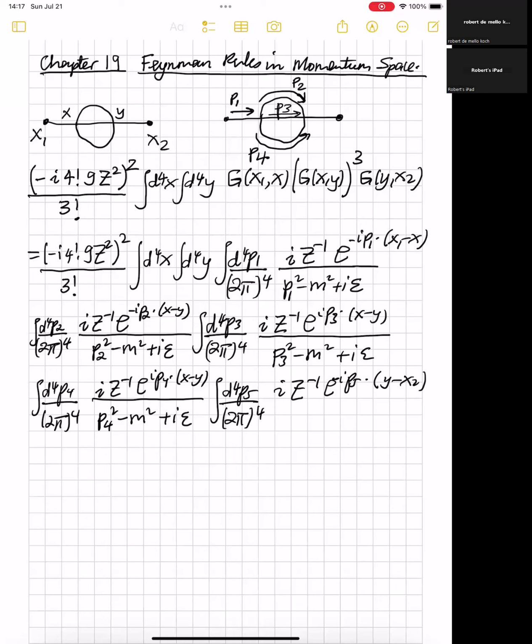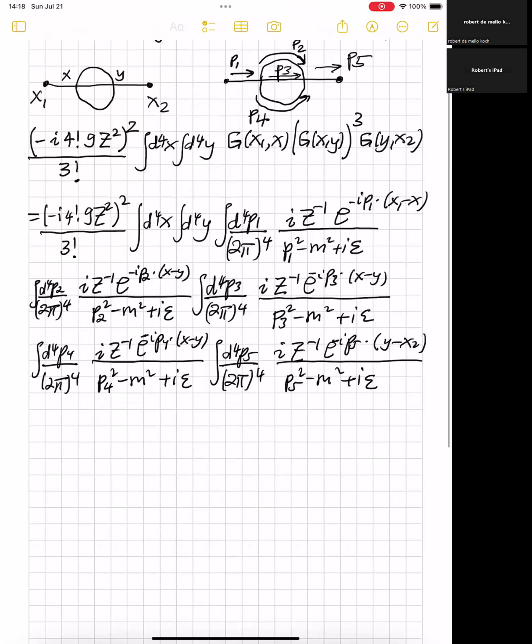There should be minus i P3. There should be minus i P4. And then this is over P5 squared minus m squared plus i epsilon. And we'll put a P5 sitting there. So I haven't really done anything. I've just plugged in the expression that you know for the Green's function, okay?